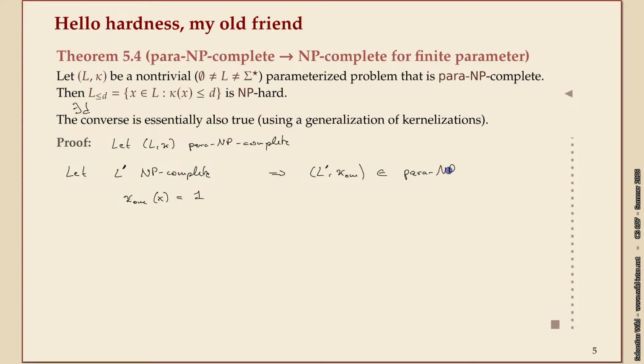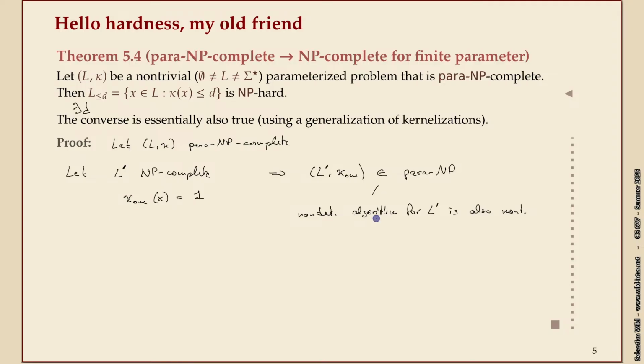Why? Well, we have to show that there's a non-deterministic FPT algorithm for this parameterized problem. Because the problem is in NP, there is a non-deterministic algorithm to decide it in polynomial time.